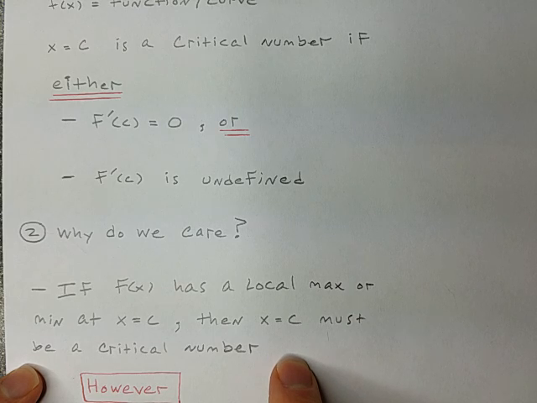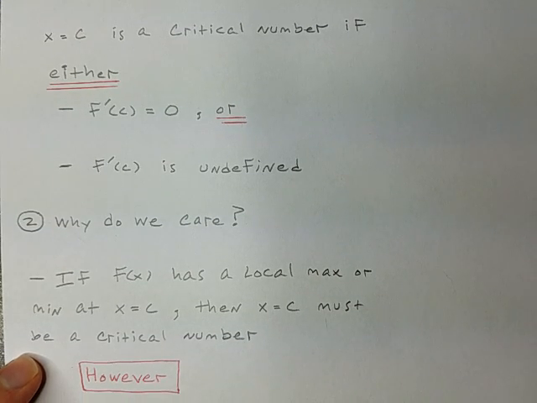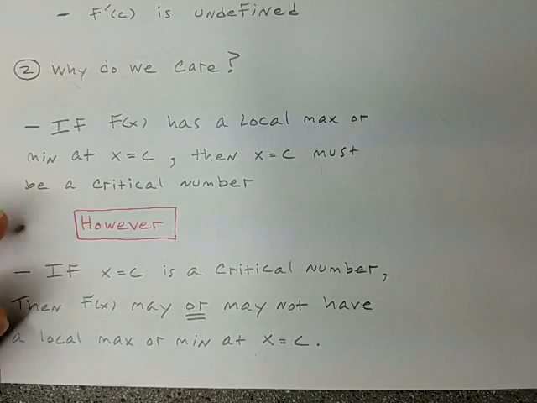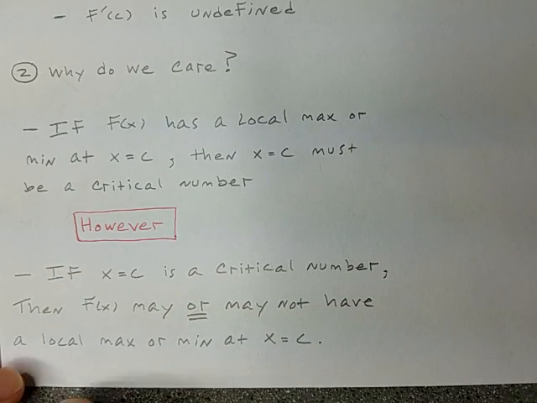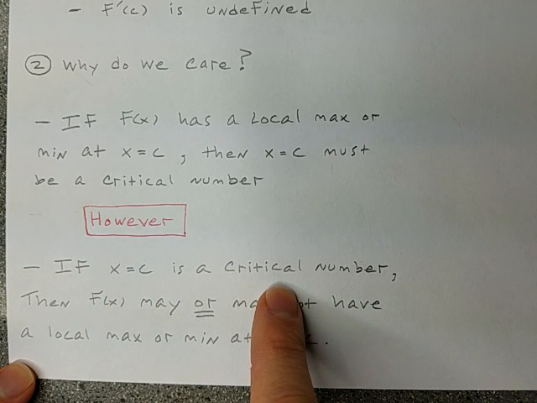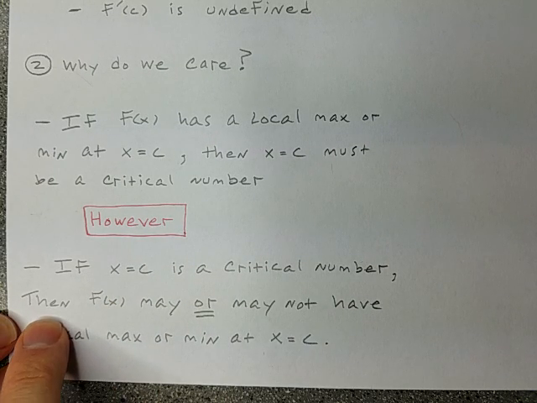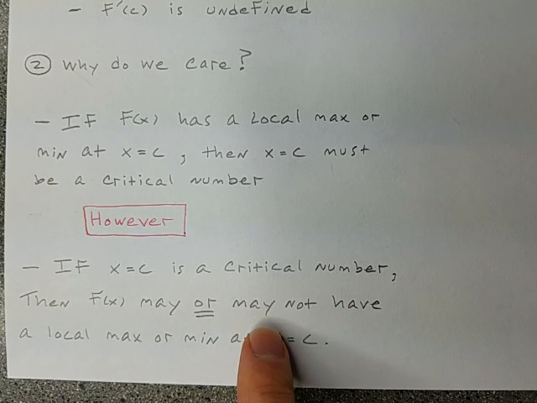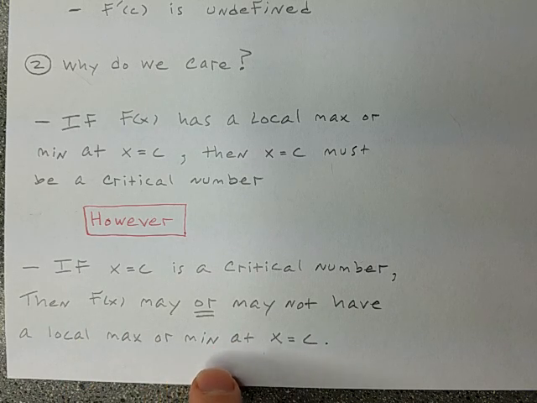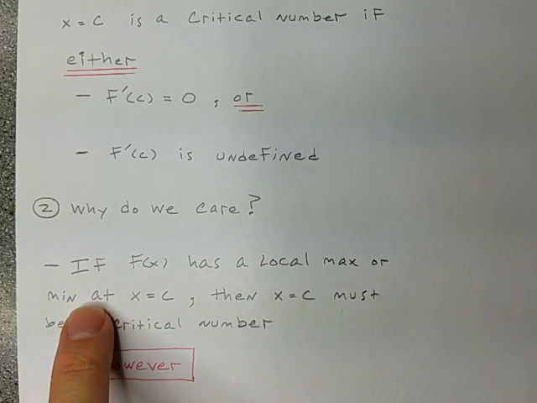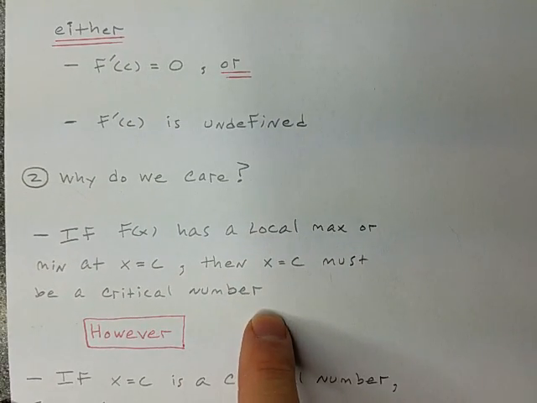If there's a local max or min on a curve, then there has to be a critical number at that point. All right? However, some fine print, I guess you could say, is if I reverse that statement, such as if that number c is a critical number, then it may be the case that f of x has a max or min or doesn't. Okay? So if there is a local max or min, there must be a critical number at that spot.